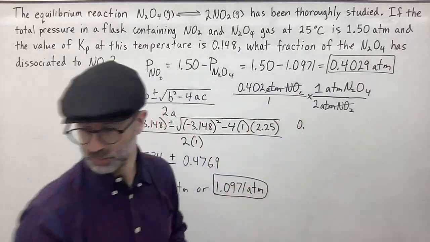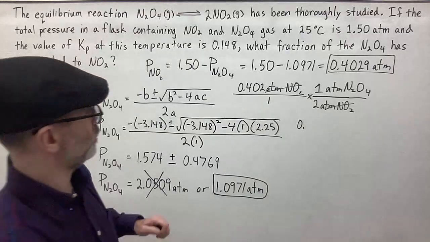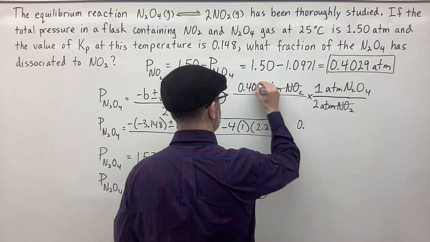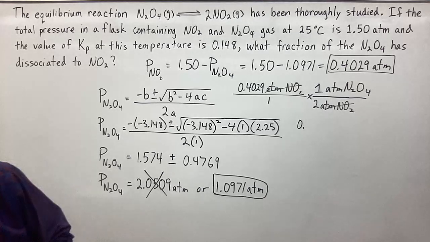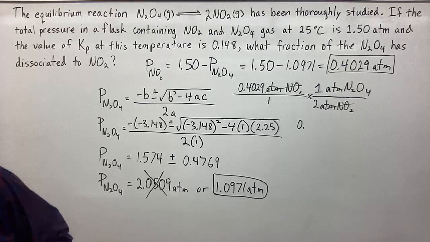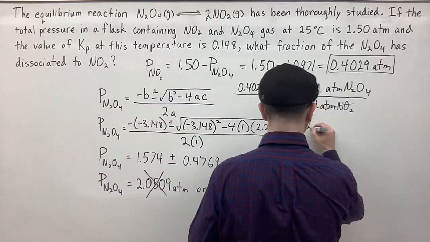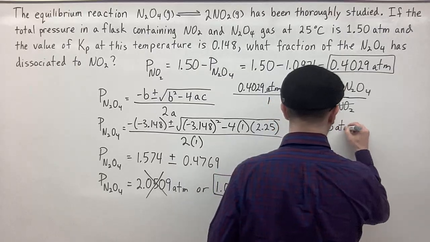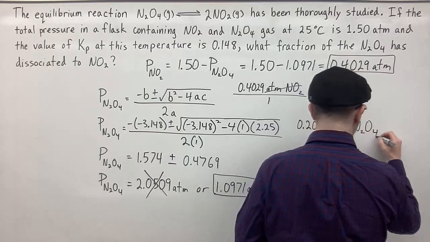Let me double check to make sure I did this correctly. That should be, oops, I forgot 29 here. This should be 0.4029. And when I divide that by 2, I get 0.20145 atmospheres of N2O4.